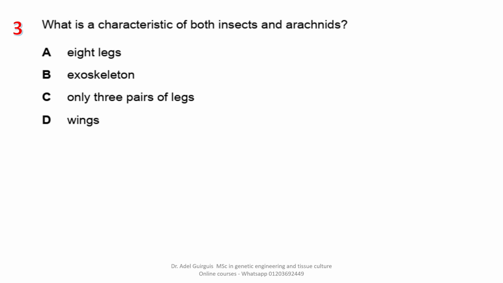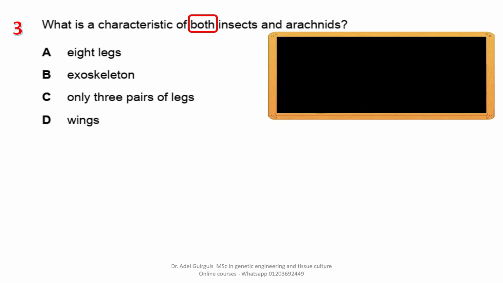Number 3. What is characteristic of both insects and arachnids? Letter A, 8 legs, B, exoskeleton, C, only 3 pairs of legs, letter D, wings. As we know, insects and arachnids belong to arthropoda.